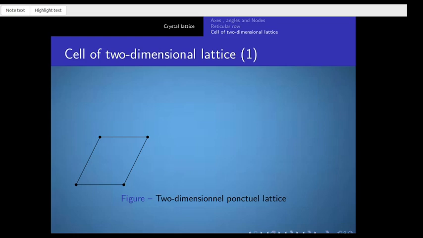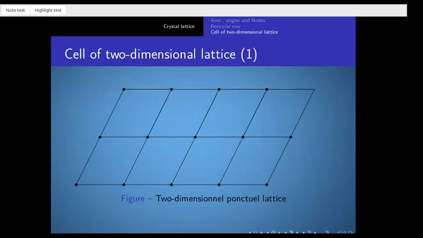By moving this cell to the right, we obtain a part of the lattice. And moving in the direction of vector B, we obtain another part of the lattice.